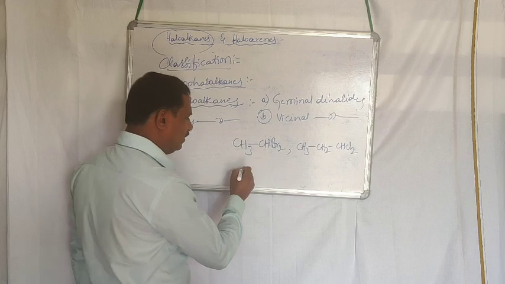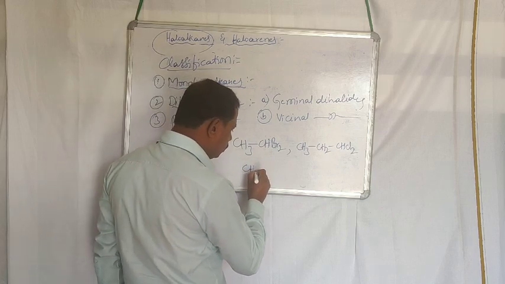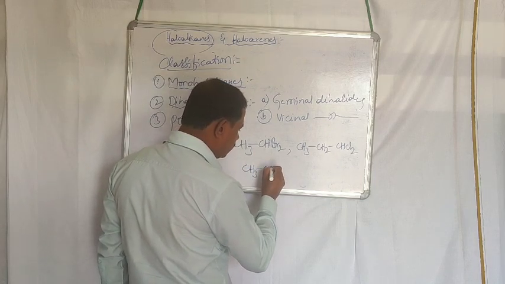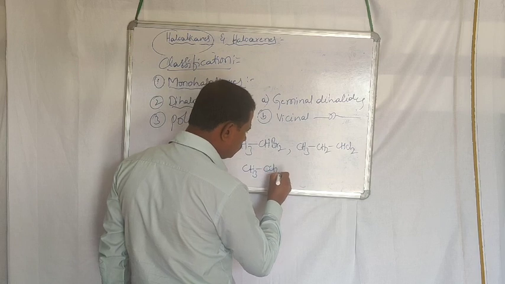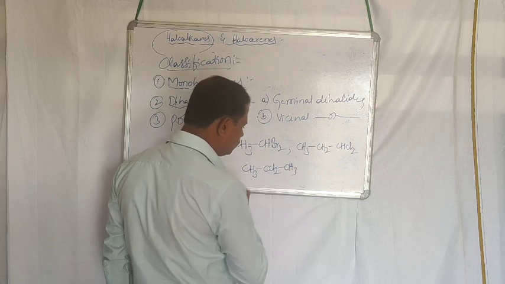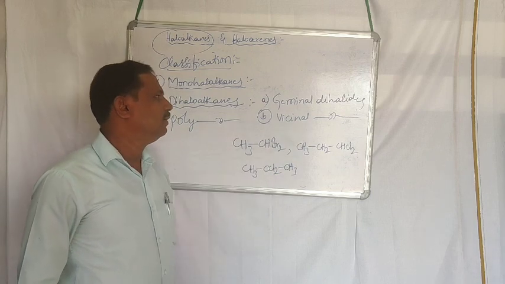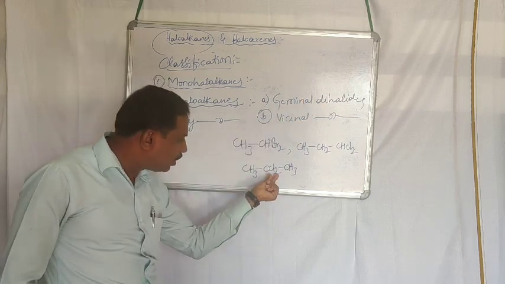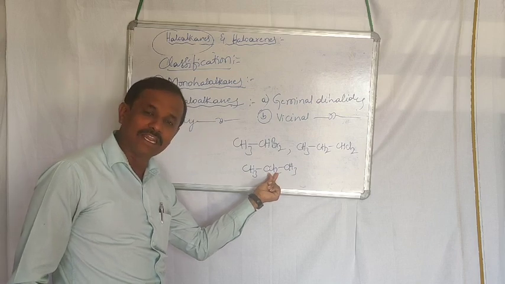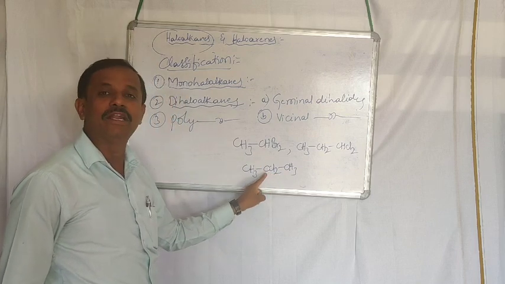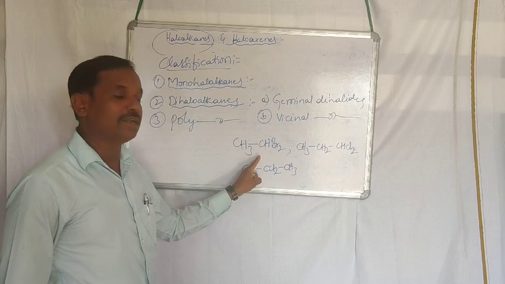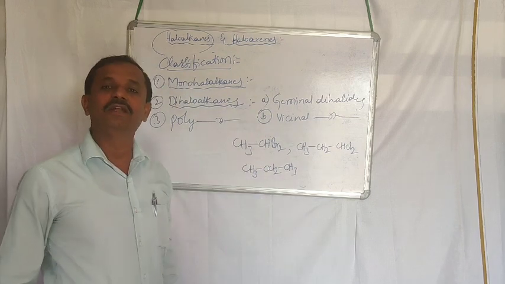Another example is 2,2-dichloropropane. It is also a geminal dihalide, because the two halogen atoms, that is two chlorine atoms, are attached to the same carbon atom. Hence it is called a geminal dihalide.